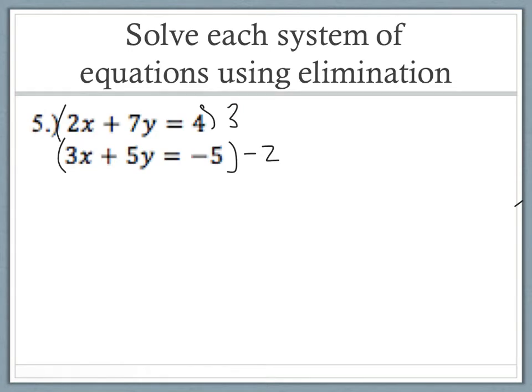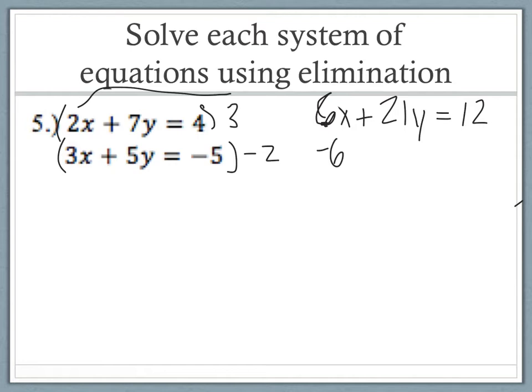Okay. So I'm going to rewrite both of these equations. So I'm going to have 3x plus 21y equals 12. Okay, and the bottom equation is now going to be negative 6. Oh, sorry. It should be 6x since I do 3 times 2x.